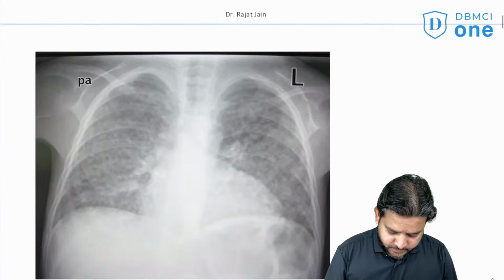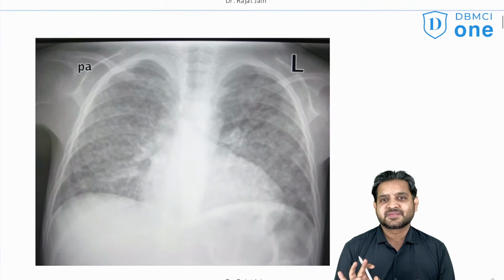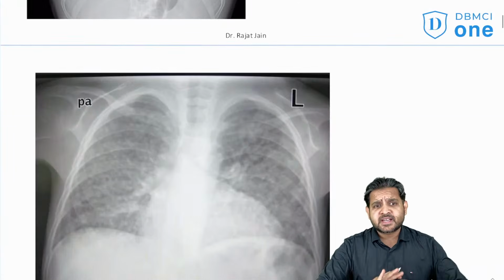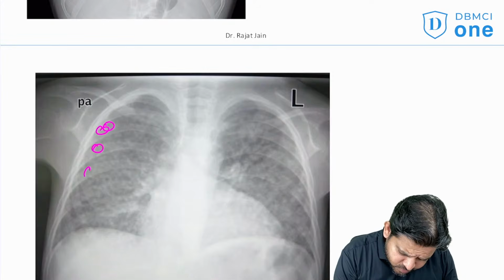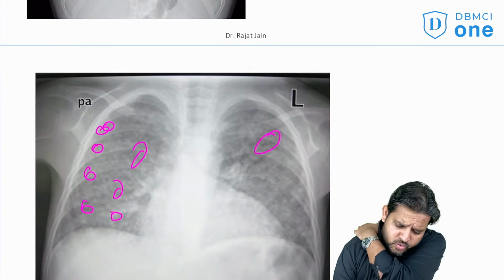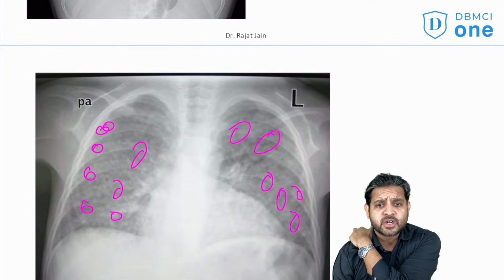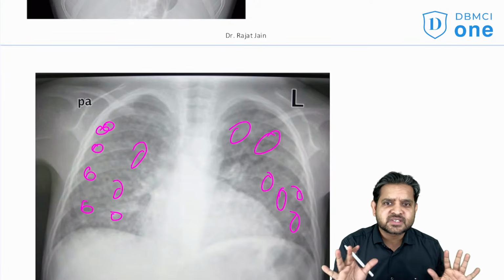Okay. Now, in comparison, what are we seeing in this image? Now, ignore these two images. Now, I am seeing an X-ray which has generalized small doubtful white dots. Some of us are even not able to realize whether there is a dot or not. But it looks like the X-ray is not normal.